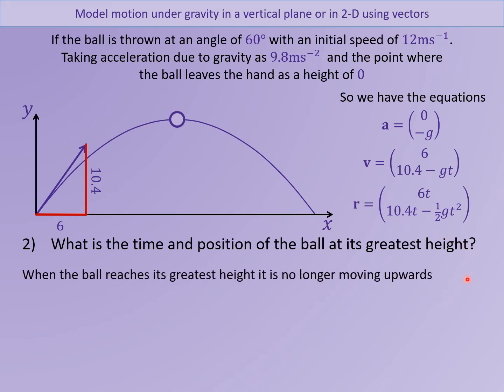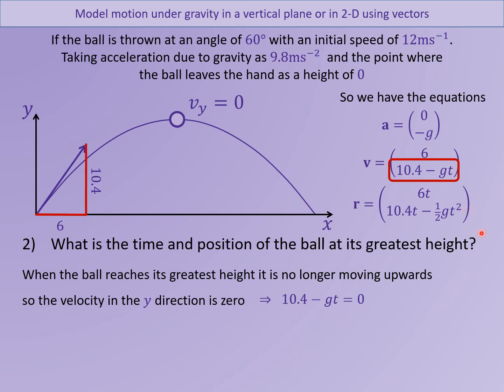We're using the fact that when it reaches its maximum height, it's no longer moving upwards, so its velocity in the y direction is going to equal 0. Obviously, the velocity in the x direction is still 6. It's always 6. But the velocity in the y direction has gone up with 10.4, stopped, and is now coming down. So I know this fact.